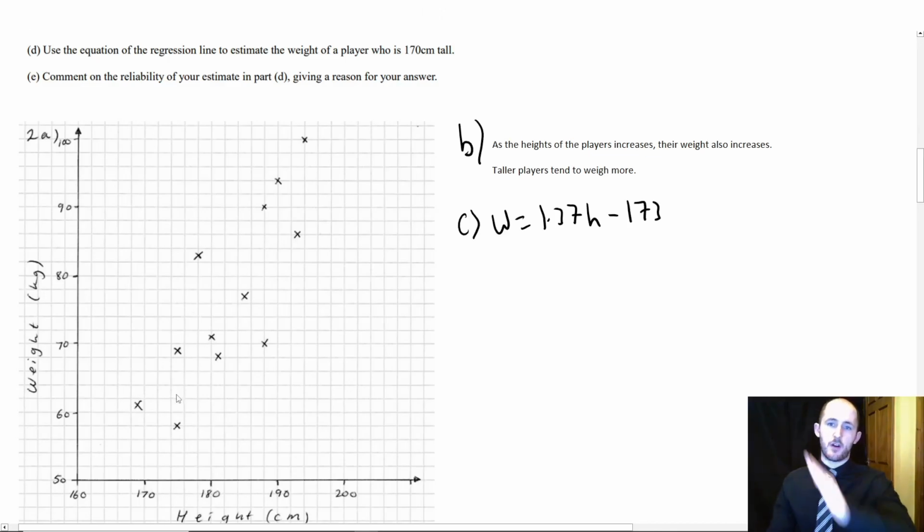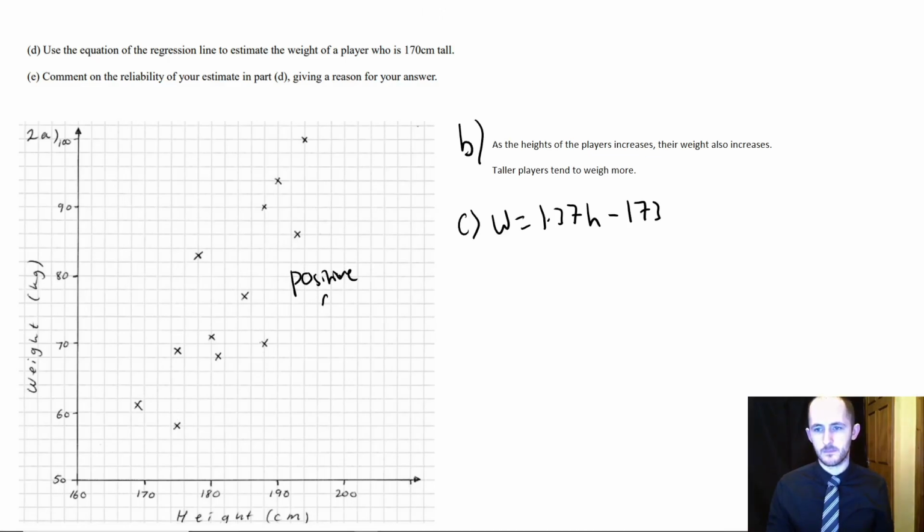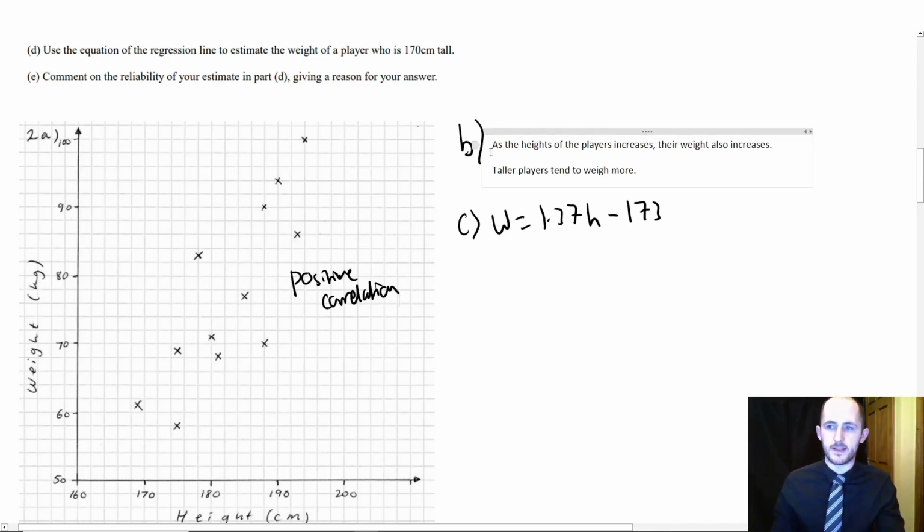Basically, if the graph is going up and to the right, it's positive correlation. That's the first thing I would do. I looked at this graph and I saw as the height increases, so does the weight. Then you have to interpret the positive correlation: all it's saying is as the heights of the players increases, their weight also increases. Does that make a bit more sense?